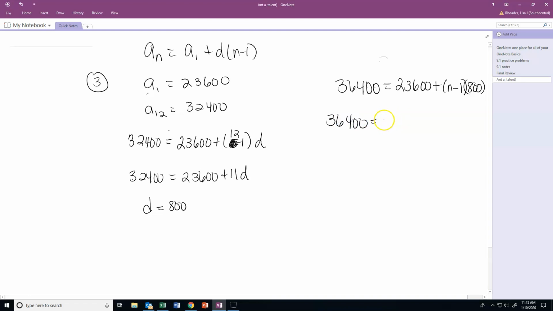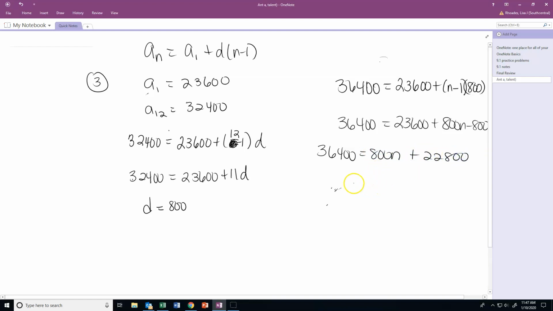Here I'm going to go on and distribute. So after I distribute the 800, now I'm going to combine like terms. And then once I go through all the math and solve for n, I get n as 17. And that's the answer to the second part.